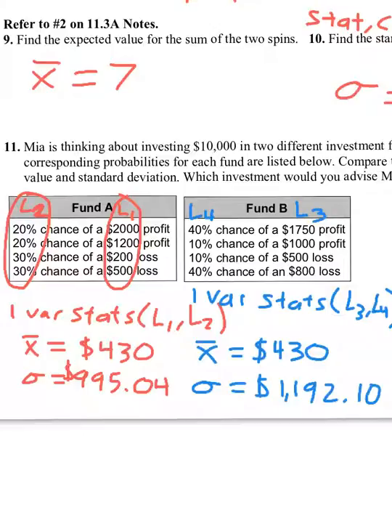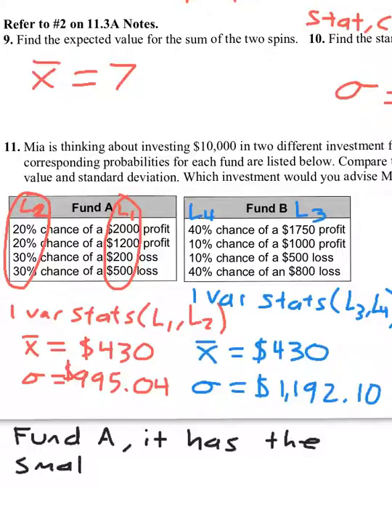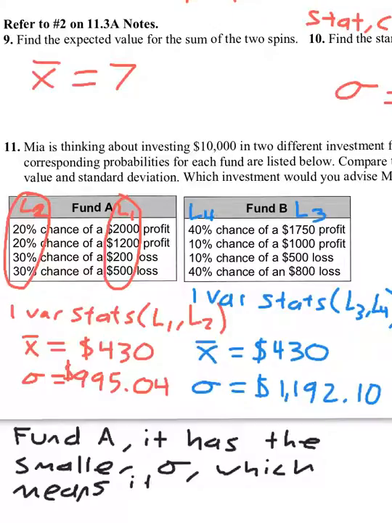So I'm just going to choose Fund A. Fund A. It has the smaller standard deviation, which means it is less risky.